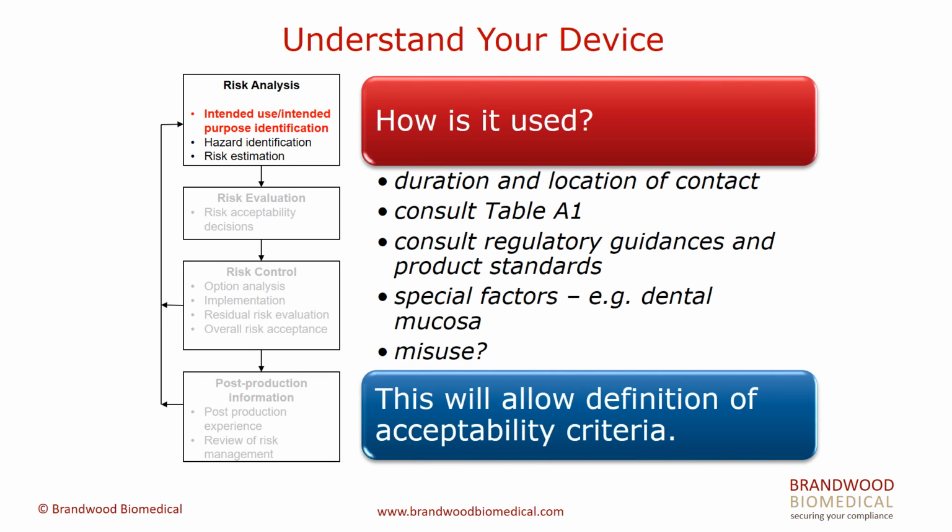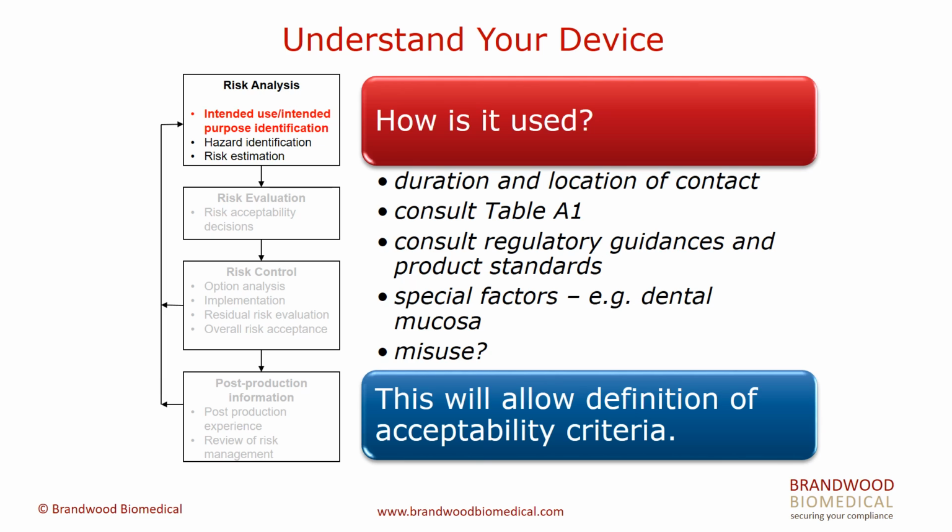So let's start off with risk analysis. Risk analysis begins with thinking about the intended use, the intended purpose of the device, and how it's used. So it's really about understanding the device. So we need to first of all think about duration and location of contact, consult the Table A1, which tells you what sort of toxicology endpoints you need to be thinking about, but also consult regulatory guidances and product standards which may give more specific information, and think about special factors.